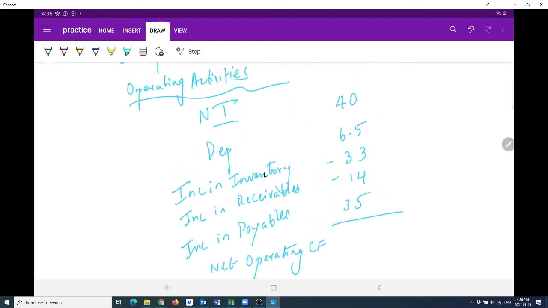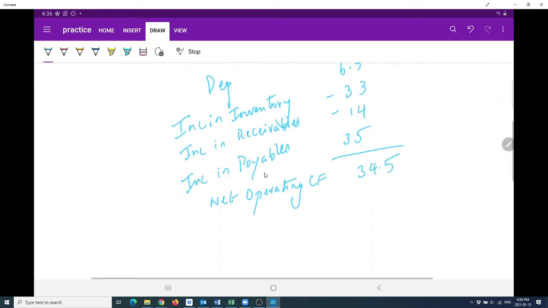It's 46.5 minus 33 minus 14 plus 35, which gives 34.5. So that's your net operating cash flow.